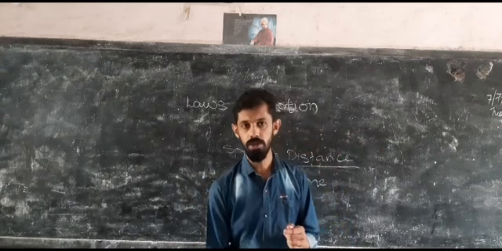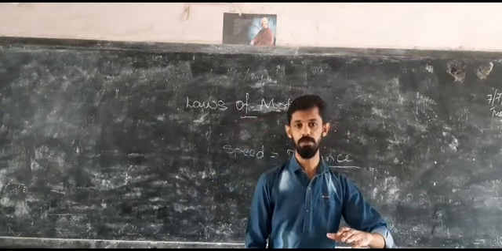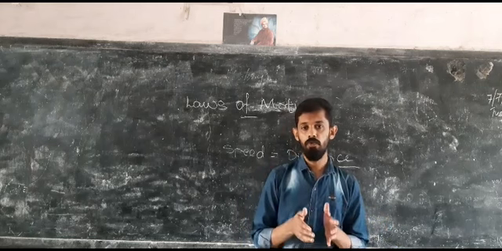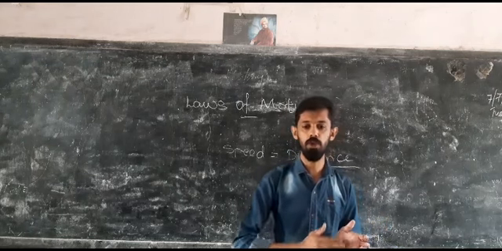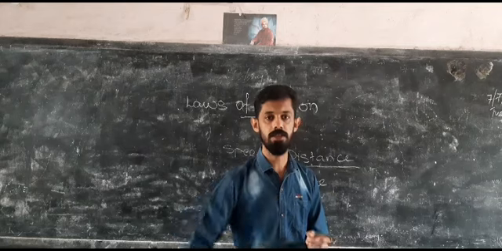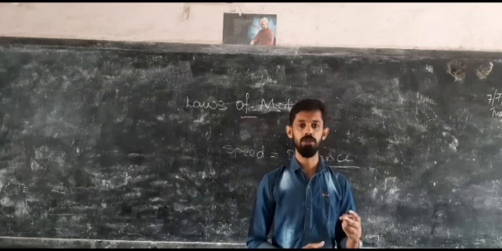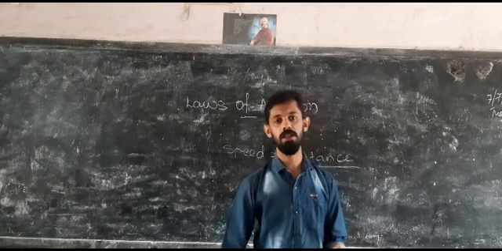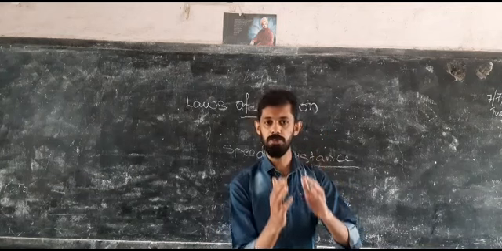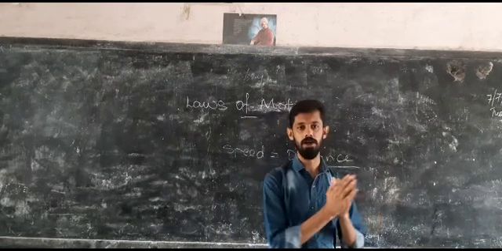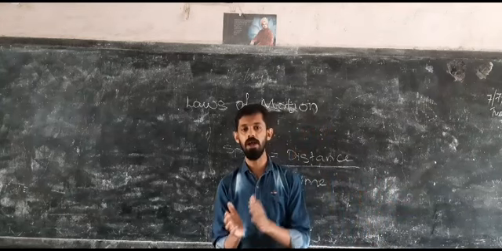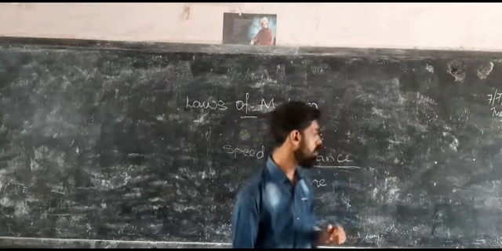In the case of velocity, first we said distance and displacement. How fast an object travels through a particular given distance, that is speed. How fast an object travels through a displacement, that is velocity. So speed is related with distance and velocity is related with displacement.